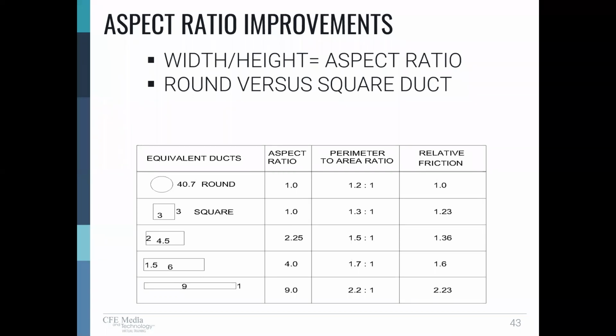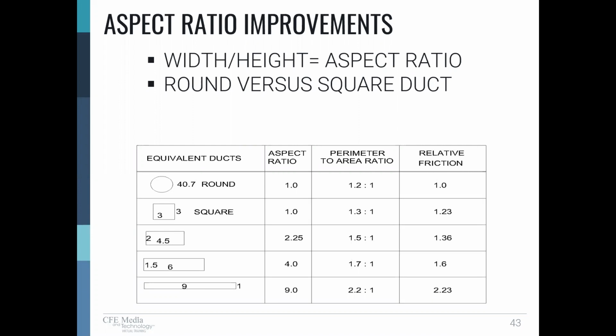If you have a 40.7-inch round duct, it has, obviously, an aspect ratio of 1. That perimeter to the area is 1.2 to 1, and the relative friction is 1.0, just as a place to start.